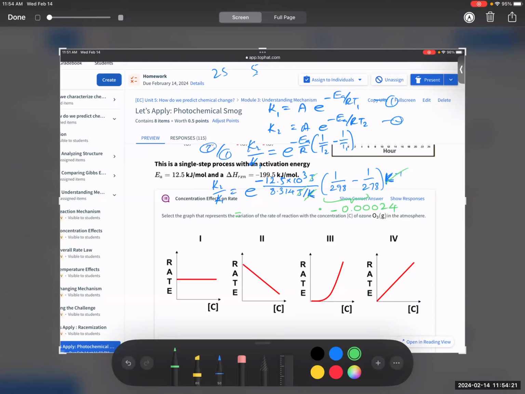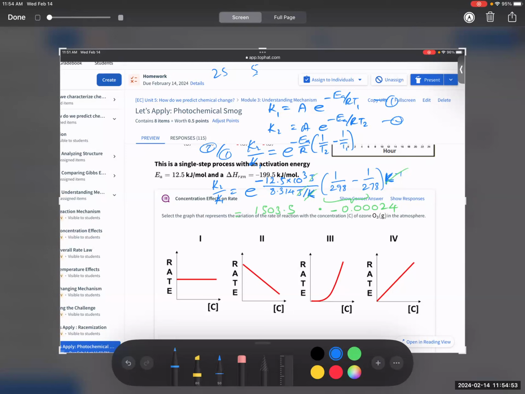And then if you do the other part, let's see what we have. 12.5 times 1000 divided by 8.314 is 1503.5.